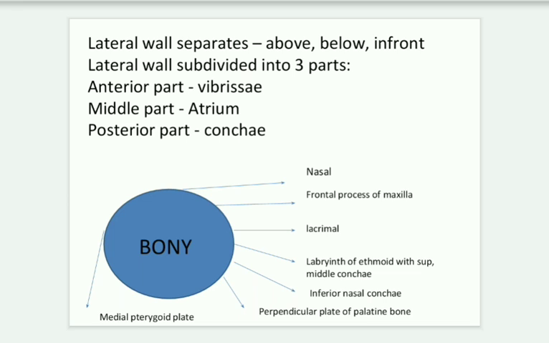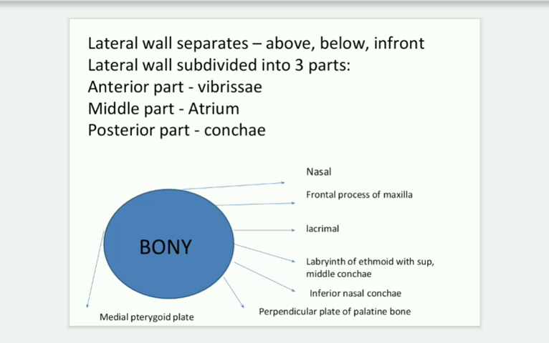Next, the lateral wall. It is partly bony, partly cartilage, and partly soft tissues. In the bony part there is the nasal bone, frontal process of maxilla, lacrimal bone, labyrinth of ethmoid with superior and middle conchae, the inferior nasal concha, the perpendicular plate of palatine bone, and the medial pterygoid plate.